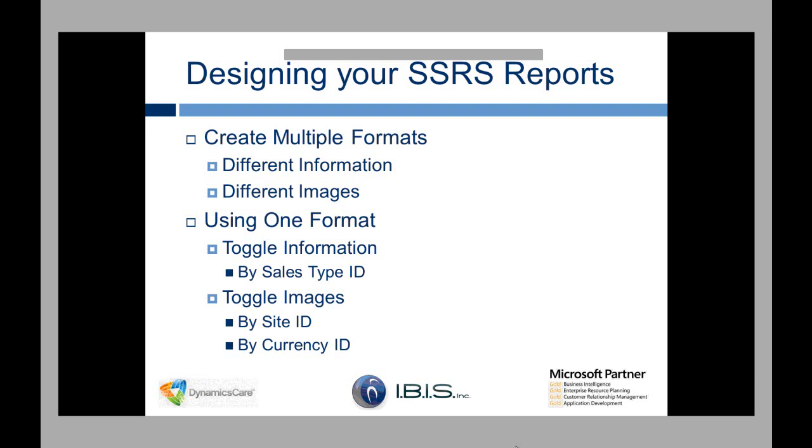If you want to just use one format, what you can actually do is just toggle information on every report. So this gets a little more complicated. Instead of having two formats that are completely separate, and when you have one situation you use the first and a second situation you use the second, you can actually just use the one format every single time and toggle your information based on what is seen from GP.